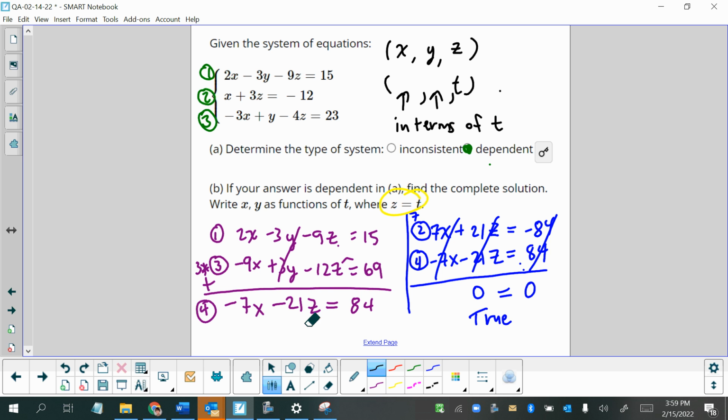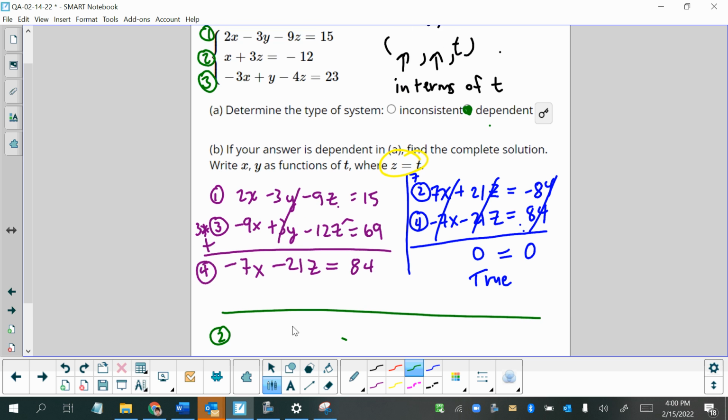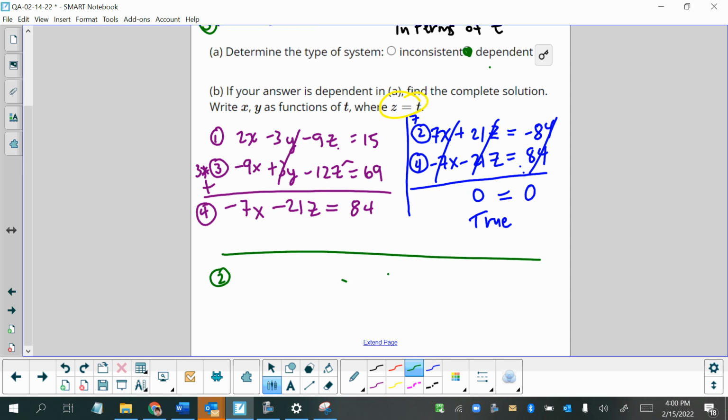All right. So what we're going to do is use first the second equation, and let me write it down. My second equation, which is just x plus 3z equals negative 12.